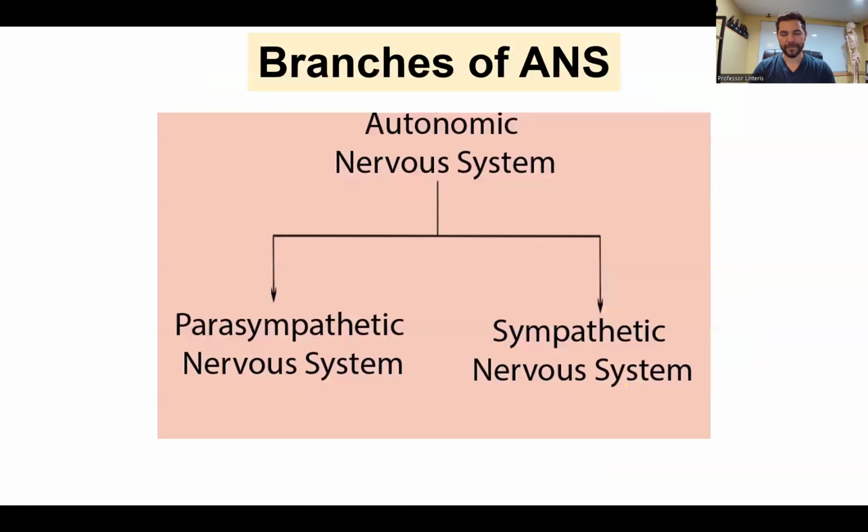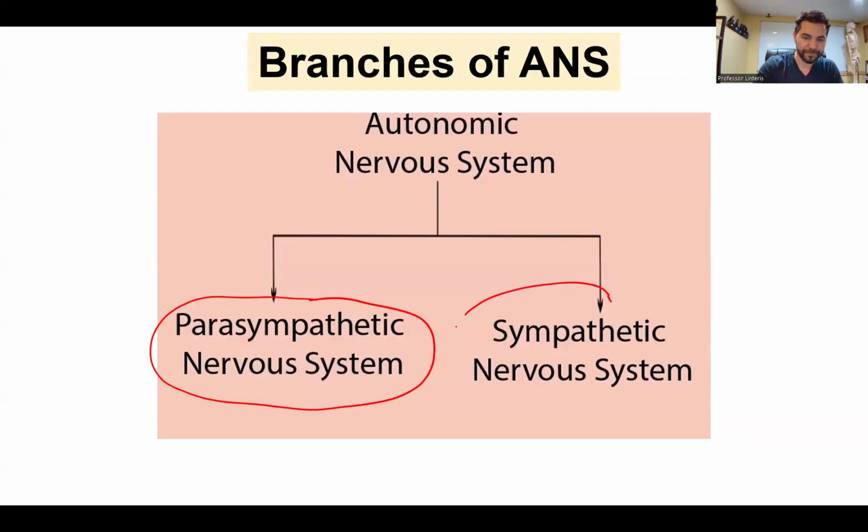We know sensory, motor. There's motor regulation, and it's automatic. So the autonomic nervous system has our parasympathetic, which for now we're going to call the rest and digest, and the sympathetic division.